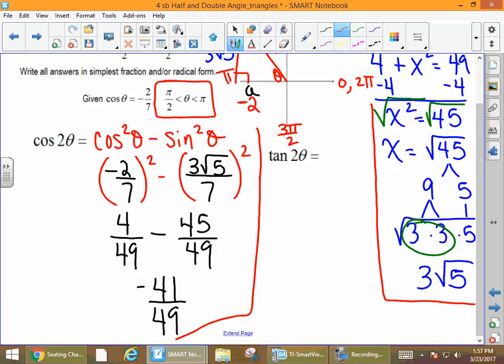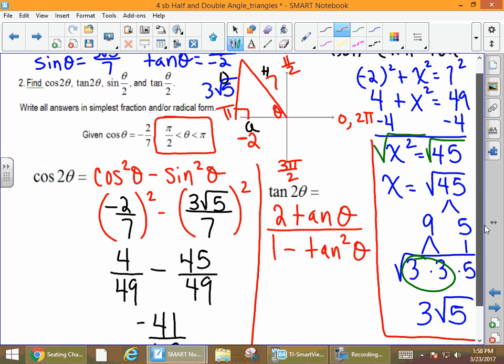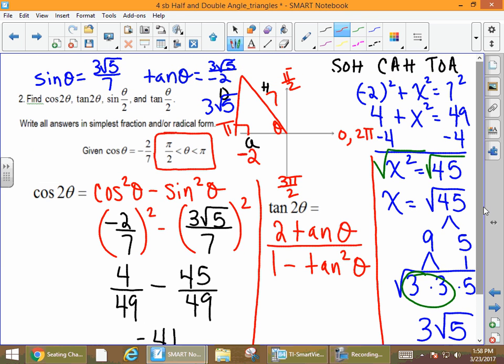And the tangent of 2 theta, again, if we look back on the front page of our paper, it's 2 tangent of theta divided by 1 minus tangent squared of theta. So this time we're going to use our tangent function. I did kind of overlook one thing that I want to mention.